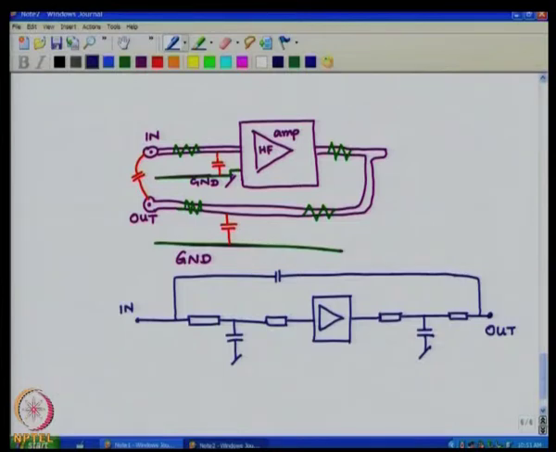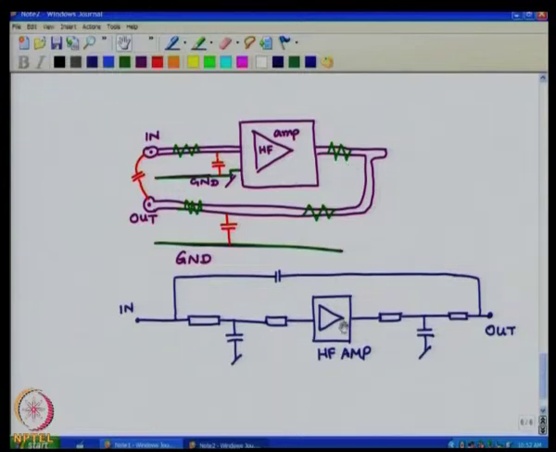So, effectively this high frequency amplifier has a low pass filter at the front end, a low pass filter at the output end, and then a Miller effect capacitance coming into the picture, all because of these parasitics, which are quite dangerous.